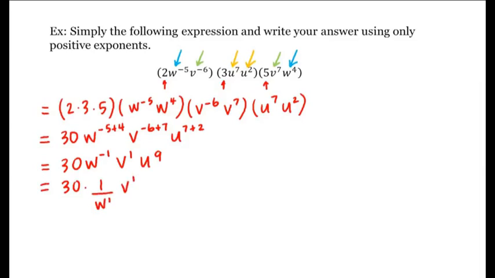Remember, we want to write our answer using only positive exponents. And when the exponent of a variable is 1, we usually do not write it. So writing this as one fraction and dropping those exponents of 1 gives us our answer of 30v u to the ninth divided by w.